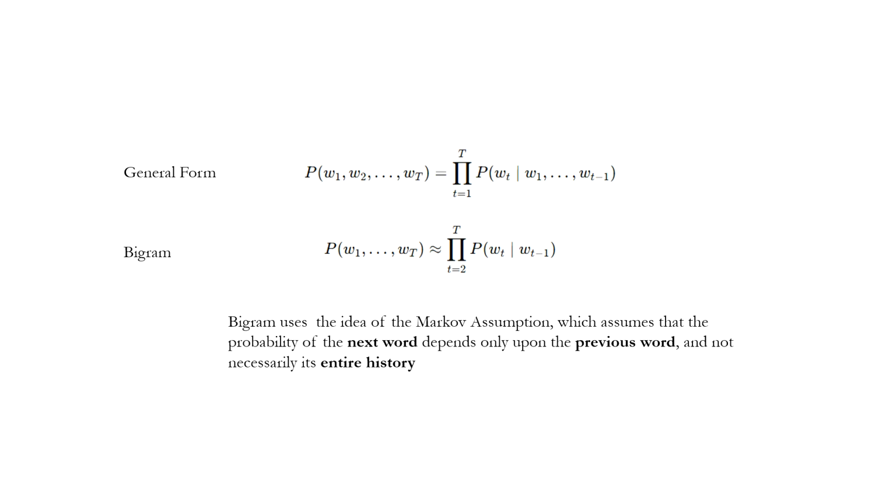So if it went out to w_{t-2}, w_{t-3}, we don't need that because w_{t-1} contains all the information. Okay, so that's kind of the way to look at it. And I'll give an example.